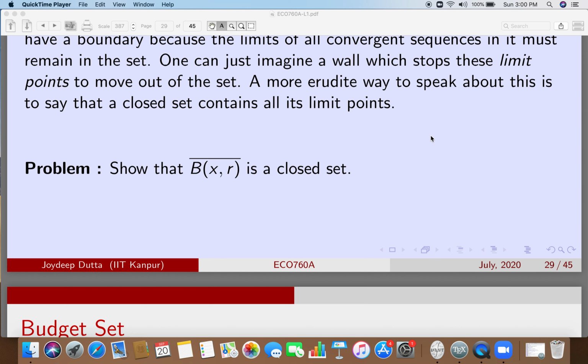That's what you really have to prove. You can try it out using the definition of a limit. We will speak about these things when we discuss our assignments on the 25th. Till then, just take them as a problem.